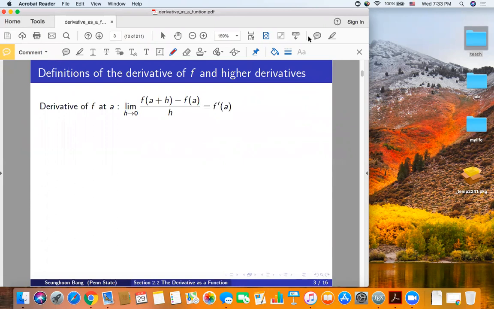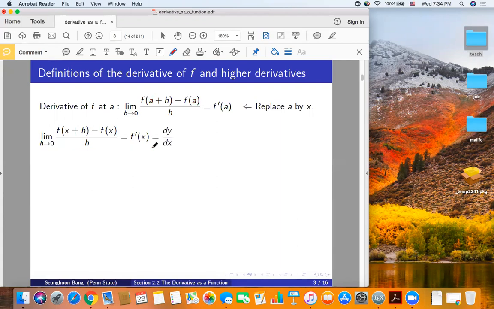So we can use the notation f prime of a, and replace a by x. So we have this result. What does it mean? Just replace a by x. This is x, this is x, this is x, we have this one. So this is f prime of x.